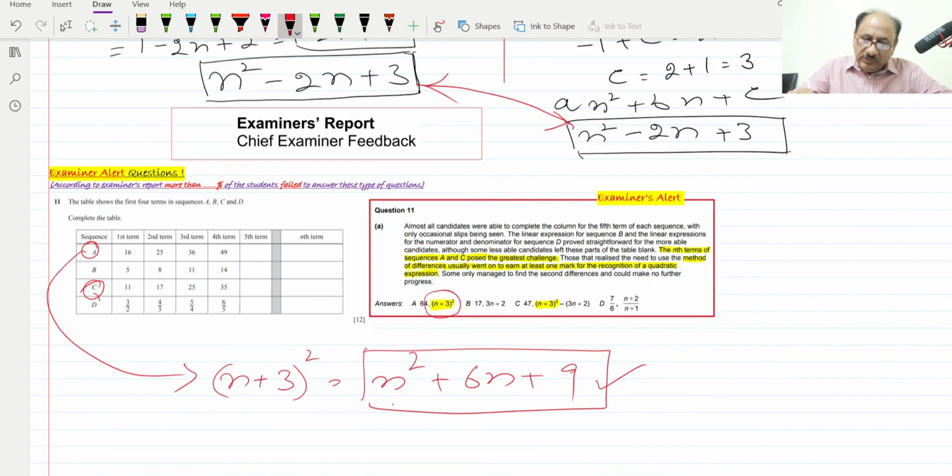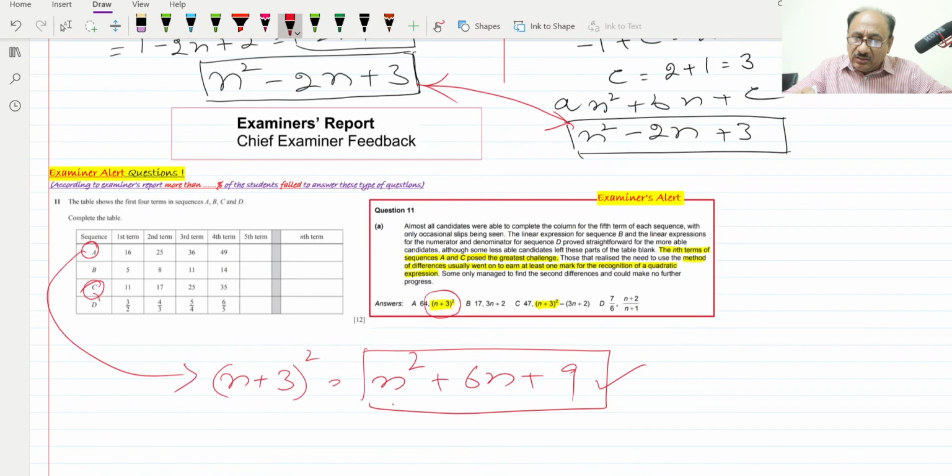Similarly, the C part was also challenging. Those that realized the need to use the method of differences usually went on to earn at least 1 mark for the recognition of a quadratic expression.